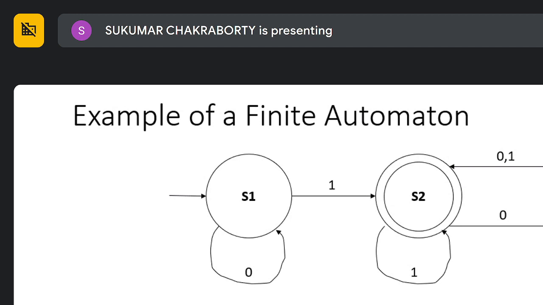Whenever there is an input, the machine transitions from one state to another, right? That is how a machine works. So in S1, given a 0, the machine stays in S1 itself. It's a self transition, so no state change. And in S1, if I give a 1, then the machine transitions from S1 to S2.